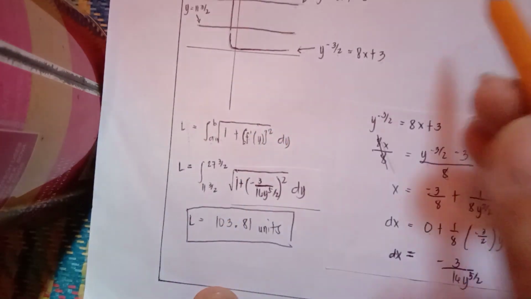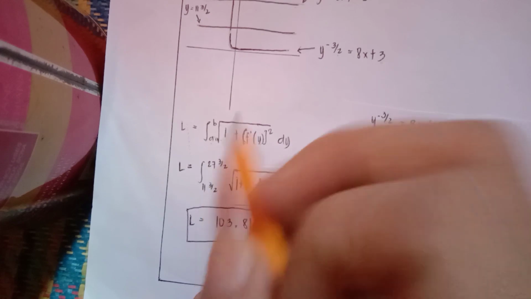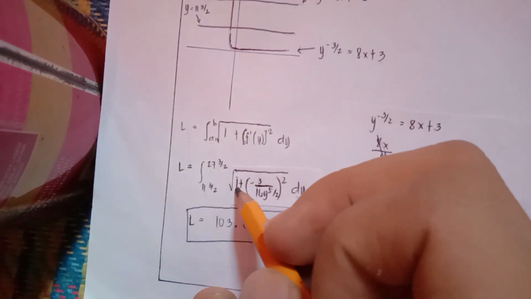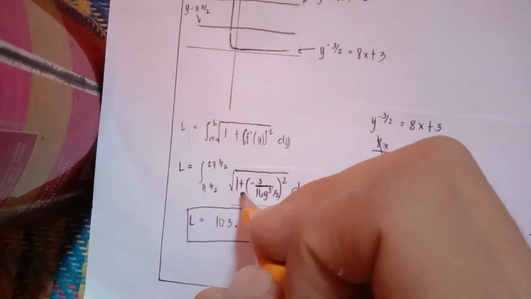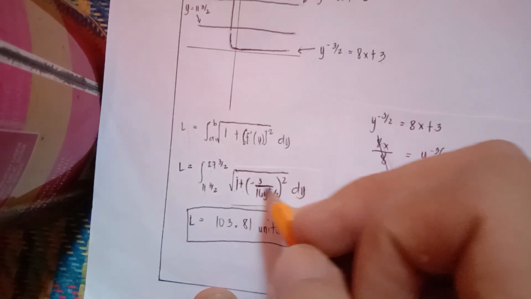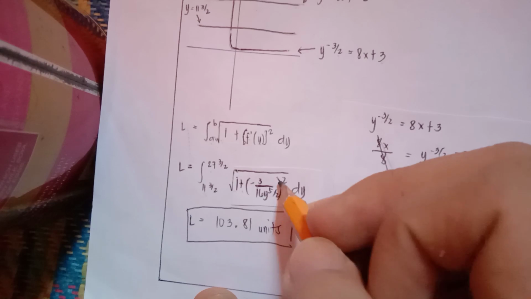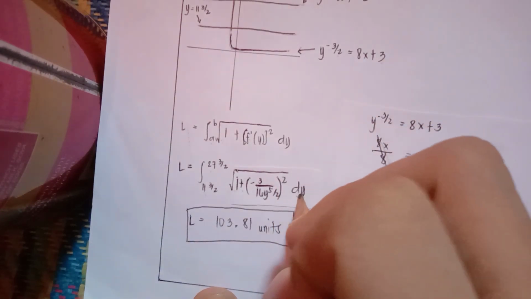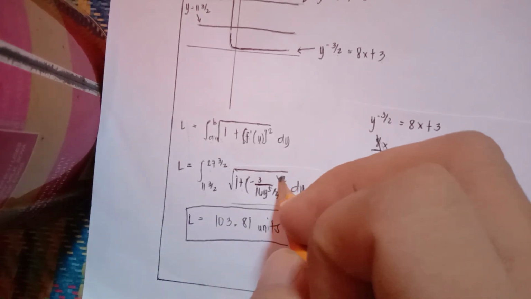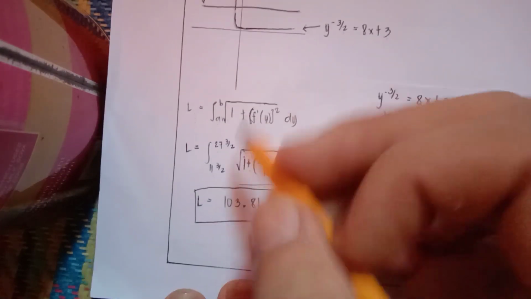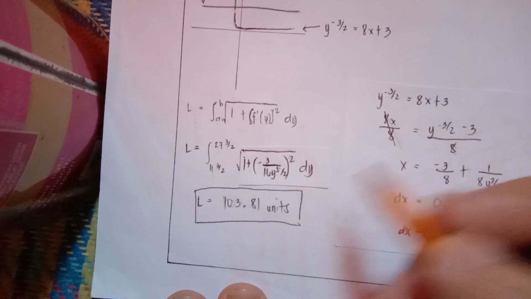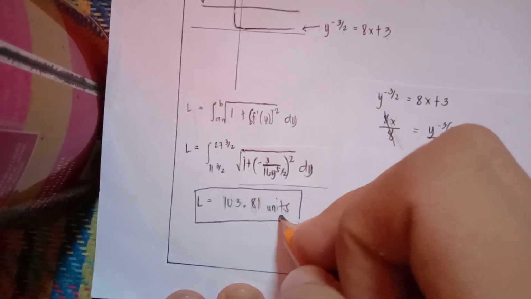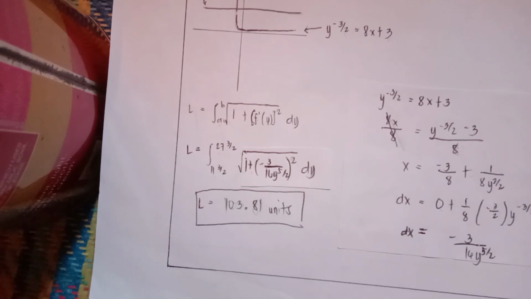So substitute from limit 11 3/2 to 27 3/2, the square root of 1 plus negative 3 over 16 y raised to 5 halves, squared, dy. When you input this in the calculator, the answer is 103.81 units. So that is the final answer, 103.81 units.